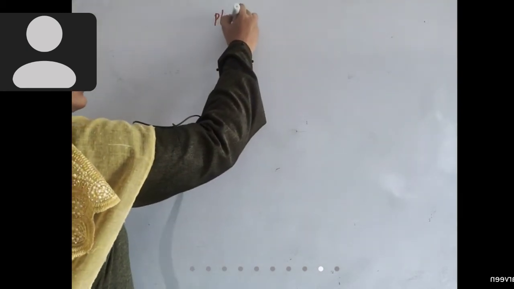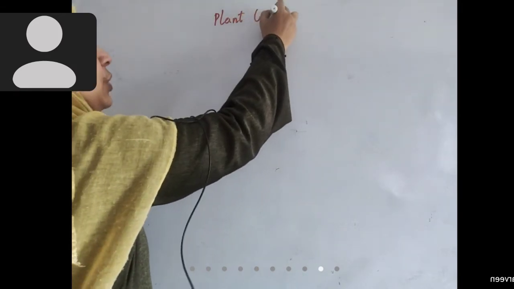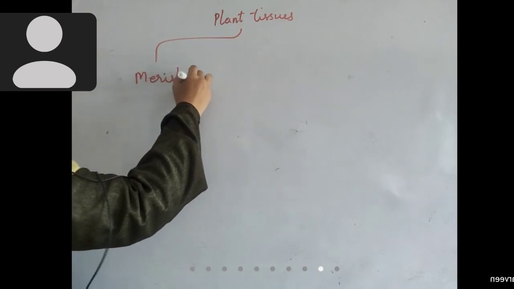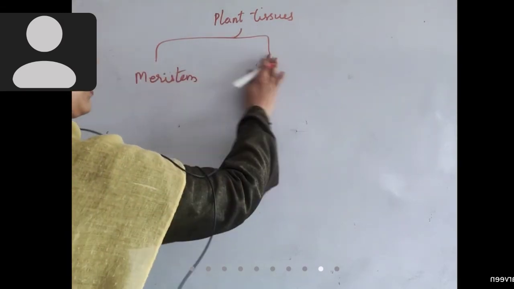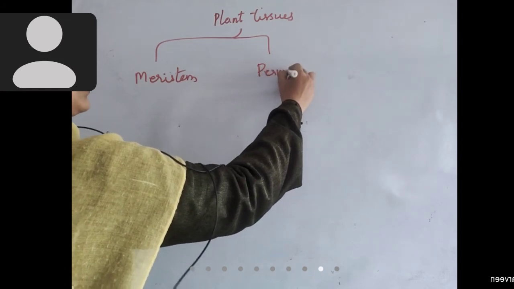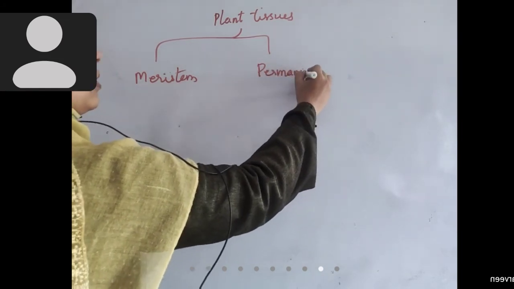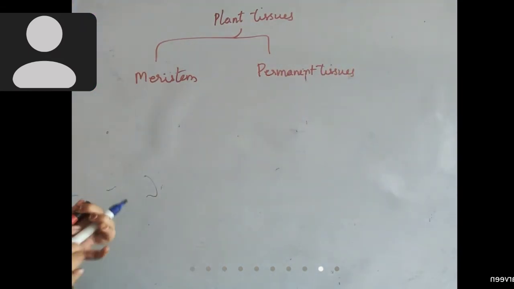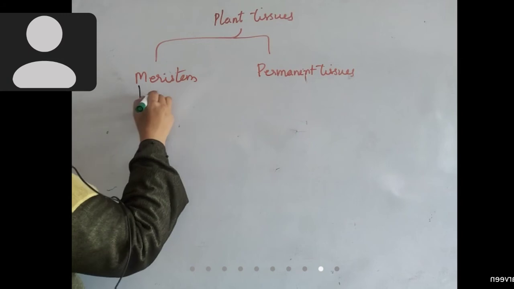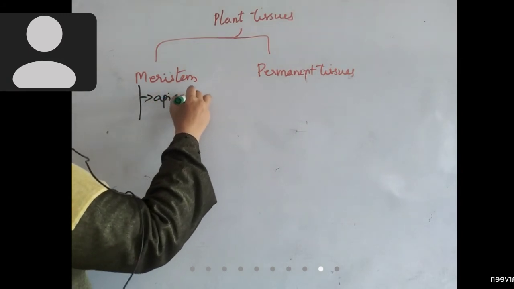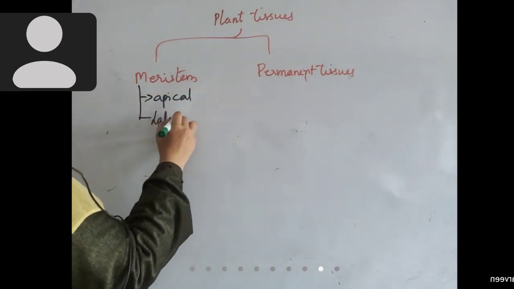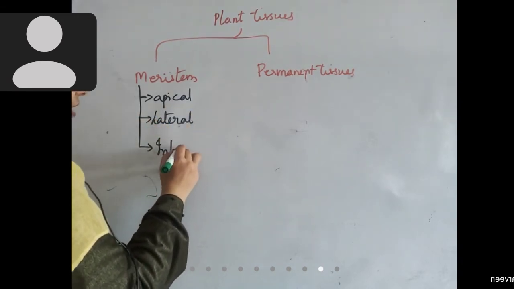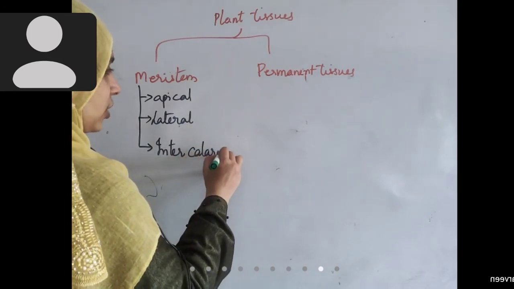Plant tissues are divided into meristem and permanent tissues. Meristem is again divided into apical meristem, which is present in tip regions, lateral meristems, which are present laterally in the stems, and intercalary meristems, which are present in the nodal regions.